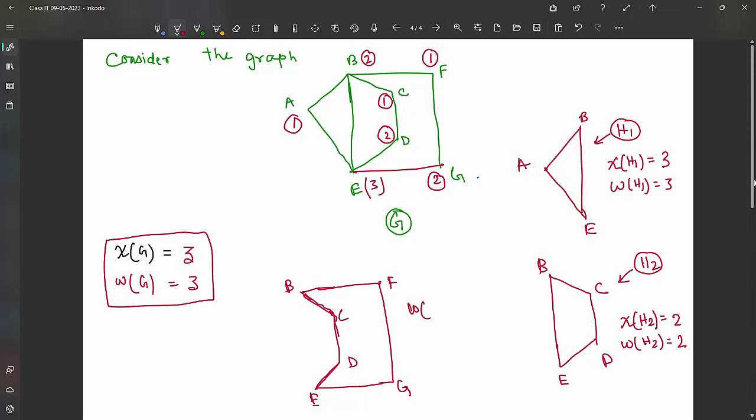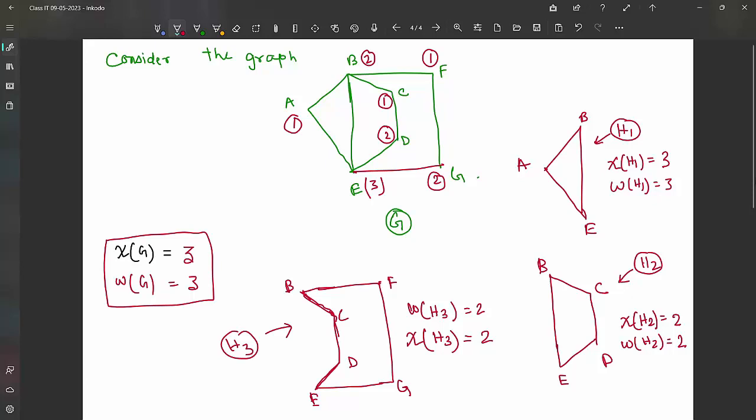So the clique number of H3 is 2. Now tell me the chromatic number. What is the chromatic number of H3? 2, sir. This is a cycle, right? A cycle of 1, 2, 3, 4, 5, 6 vertices. This is a cycle of 6 vertices and its chromatic number is always 2.